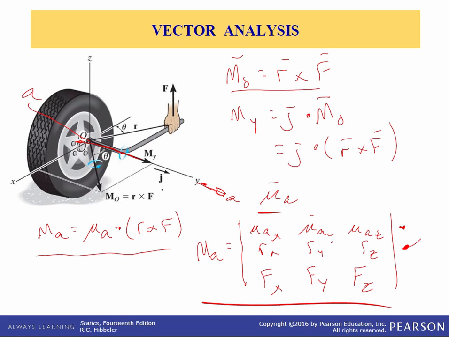Providing M sub A is determined, we can then express M sub A as a vector by multiplying its magnitude times the unit vector in the A direction.